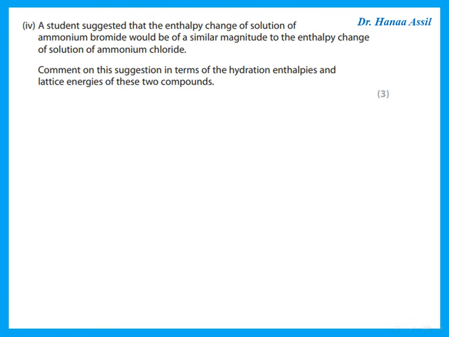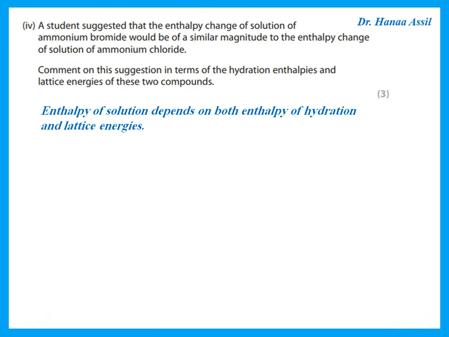A student suggested that the enthalpy change of solution of ammonium bromide would be of similar magnitude to that of ammonium chloride. Comment on this suggestion. If we're doing ammonium bromide instead of ammonium chloride, well, enthalpy of solution depends on both the enthalpy of hydration and the lattice energies, because we said delta H of solution is delta H of hydration minus lattice energy.